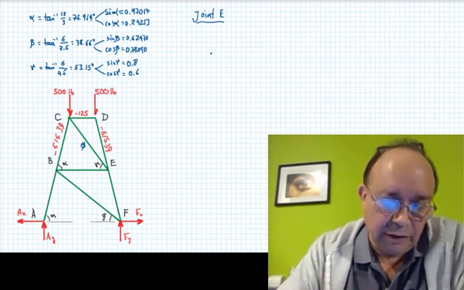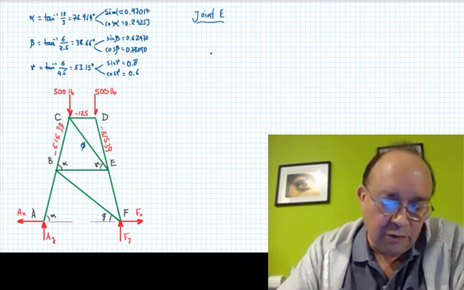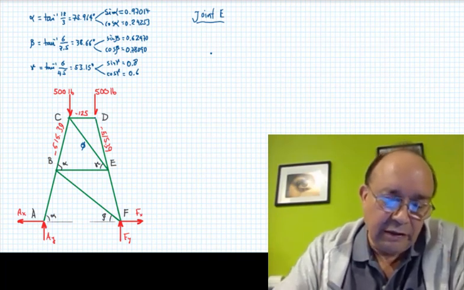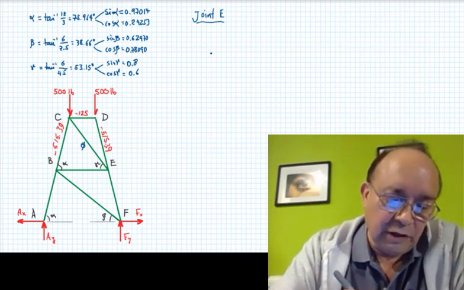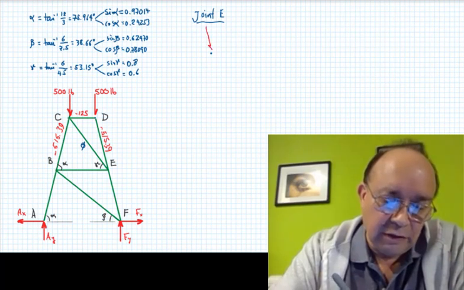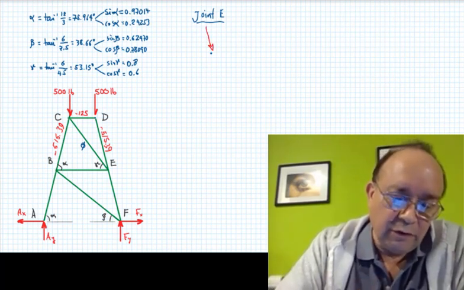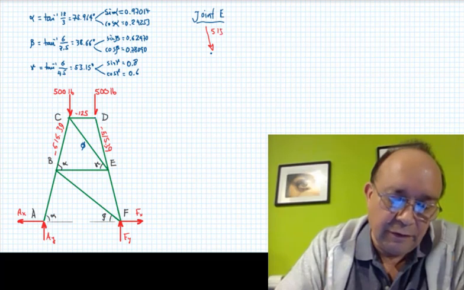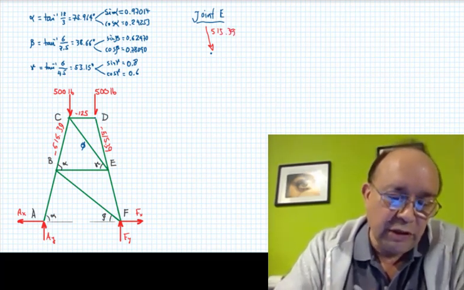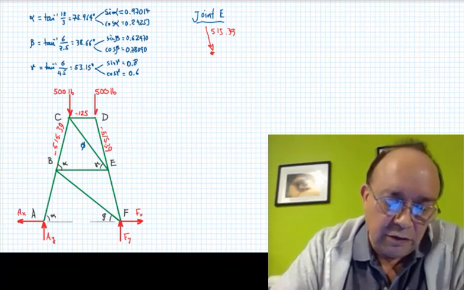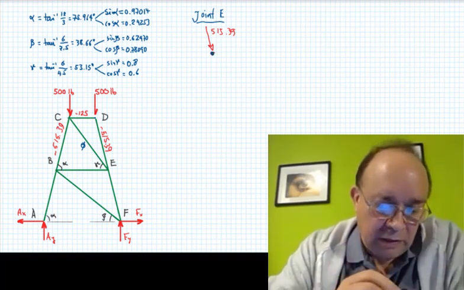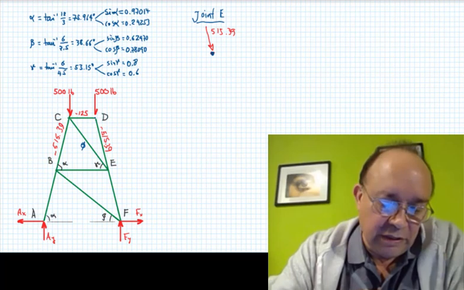That's this dot here. It has a force coming down, DE, that is compression. So that force is coming down like this with a force of 515.39 compression. So it's pushing the joint. This is the joint right here. Now we have, this is force DE.